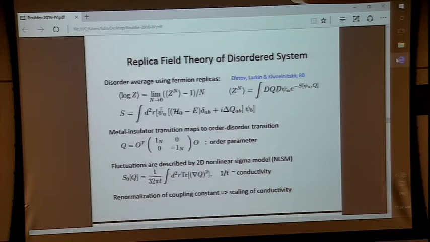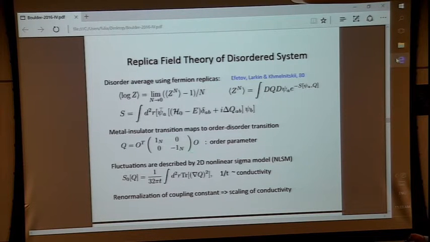Or you can think that this order parameter Q in replica space is strongly fluctuating. It does not have any long-range order. So an insulating state maps to a disordered state in this interacting problem, and the metallic state corresponds to the ordered state. Yeah. So the gapped state is the disordered state? The gapped state is a disordered state. Yes, correct. It has exponential correlation lengths. And in the ordered state, what roughly is happening is that there are many Goldstone modes, some analogs of Goldstone modes. That's why it corresponds to a metal.